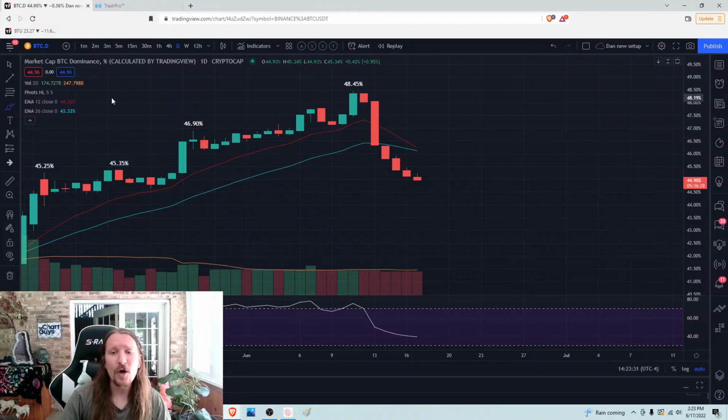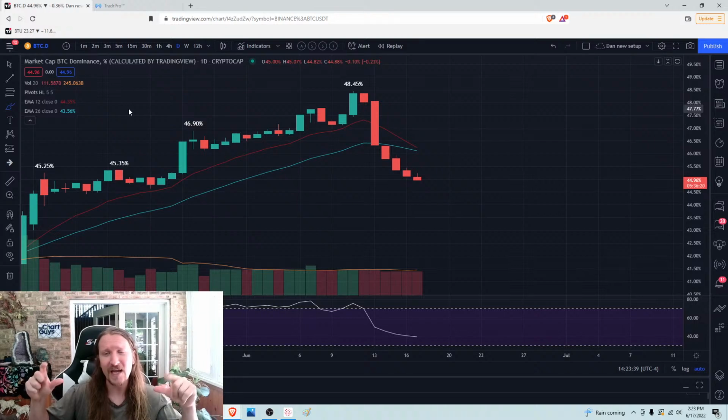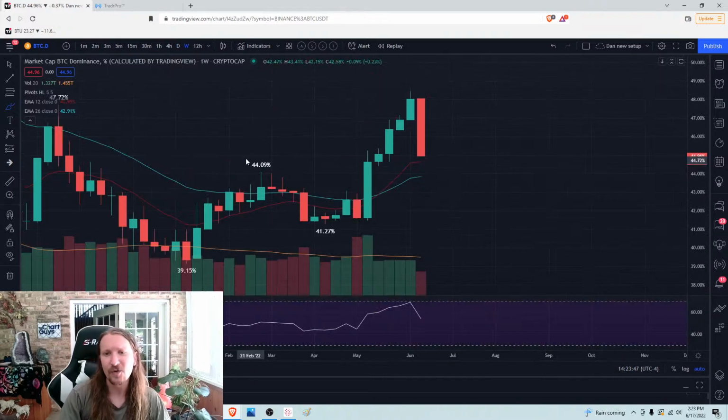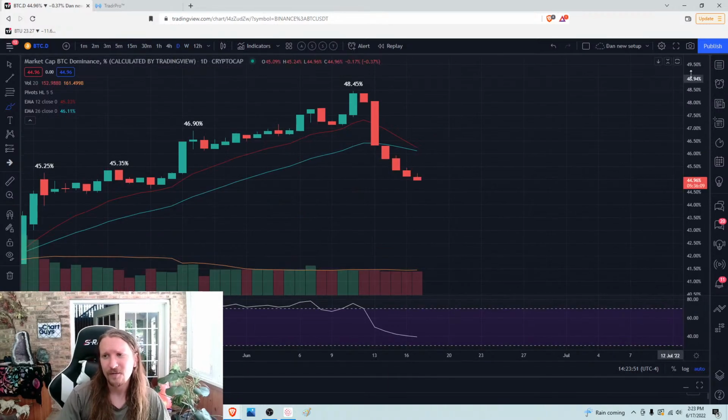So the dominance chart is dropping notably, which shows us in this sideways range that altcoins are bouncing. Again, it was altcoins holding support and trading sideways, bouncing more significantly than Bitcoin, and not dropping as significantly as Bitcoin over the last 5-6 trading days. Weekly consolidation is underway. This is a big notable drop in the dominance chart.